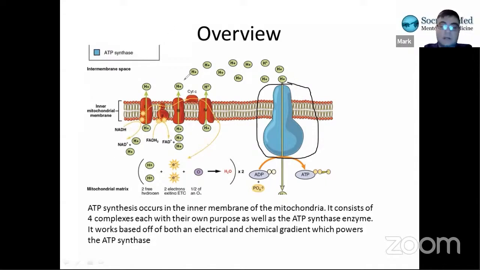There is a gradient of H+ in between the mitochondrial matrix and the intermembrane space. And this gradient is the basis of the power source, essentially, for ATP synthase. If you want to think of this as kind of like a motor, this gradient will be the electricity that powers the motor.